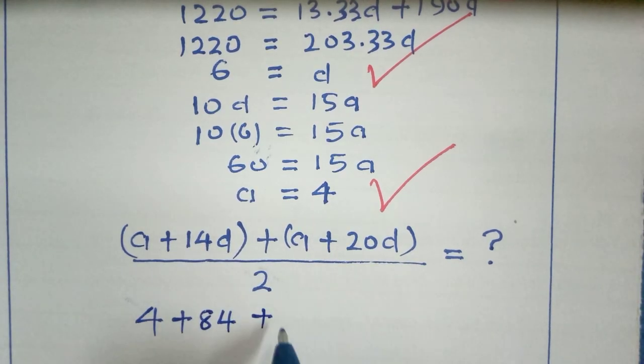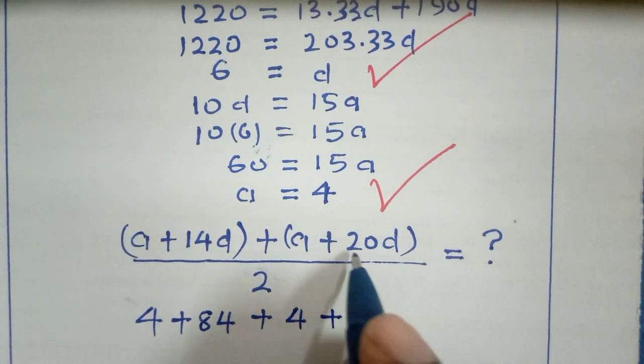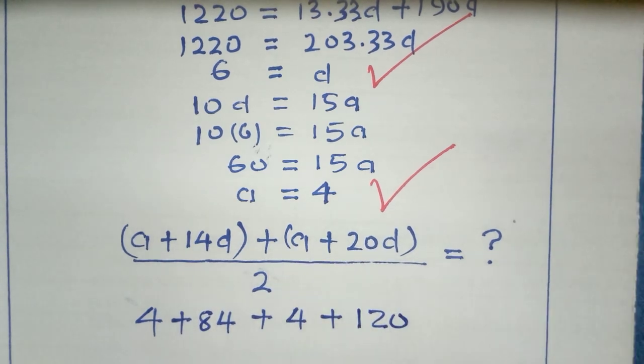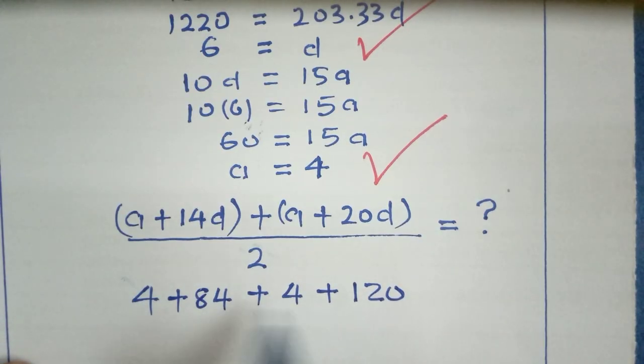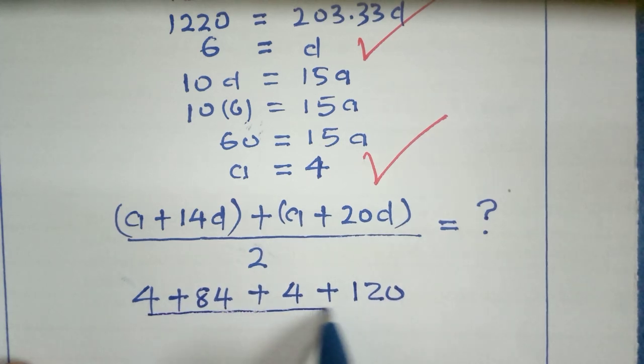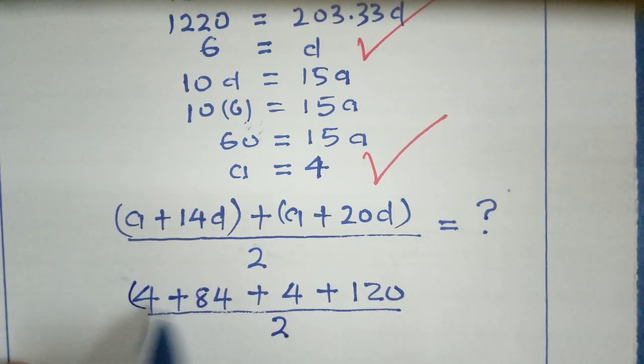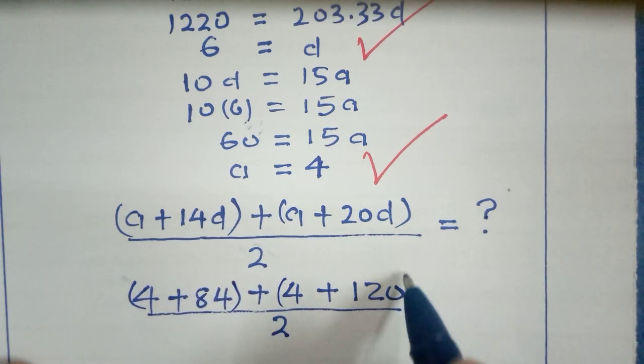Plus, we come to the A again, it's supposed to be 4. Plus, 20 multiplied by D is 120. So all those numbers, now we come and divide by 2, because now we are looking for the average. That is the average of that number and that number.